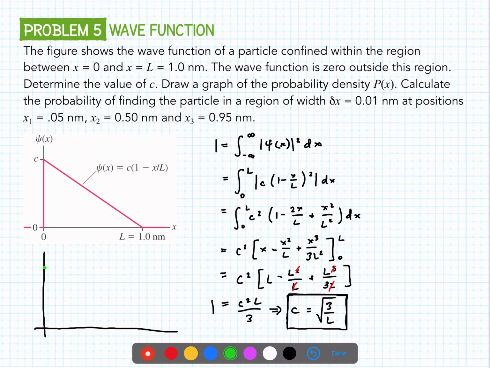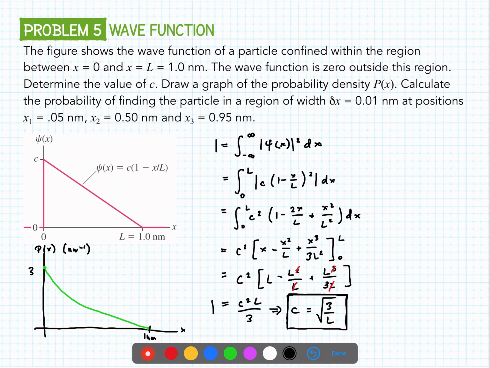So we should start here, and then this should go down, but now it's a polynomial. Well, it's not a very good drawing. So here's our polynomial. This is going to be 3. This is your probability density with units of nanometers inverse. This is still going to be L, or 1 nanometer.